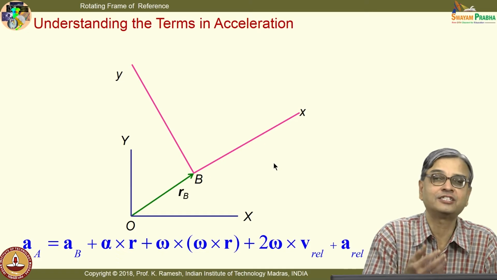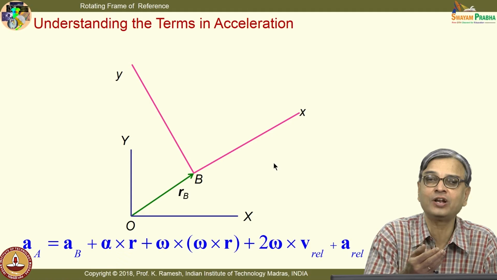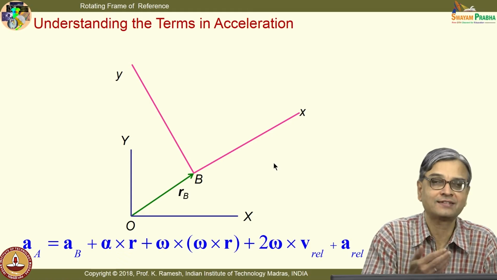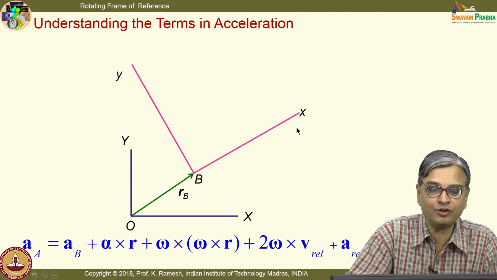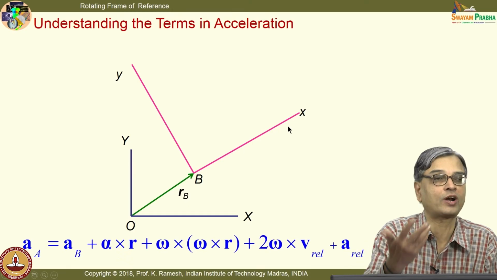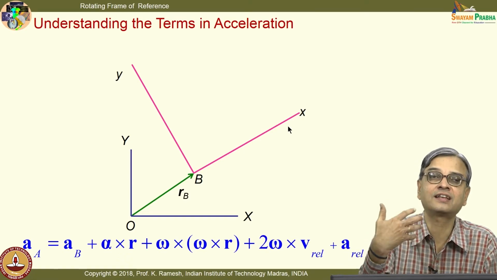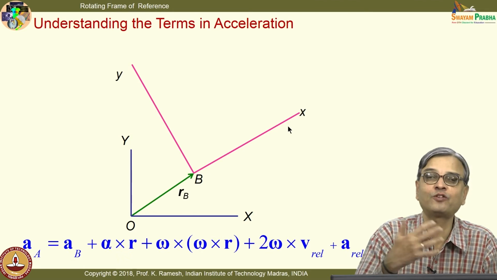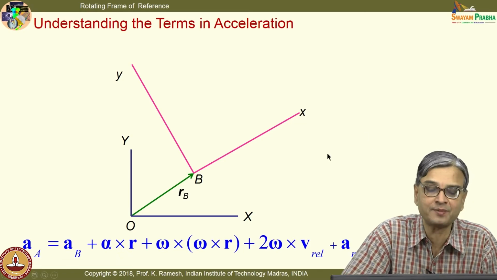A rigid body which has a slot, that is the way we visualized for understanding velocity. A similar exercise we will do here, and when it is convenient to us, we will make this a non-rotating translating axis and view what happens. When it is necessary, we will consider that as a rotating frame of reference and find out what quantities I can determine. When you solve a problem, these ideas become clear.